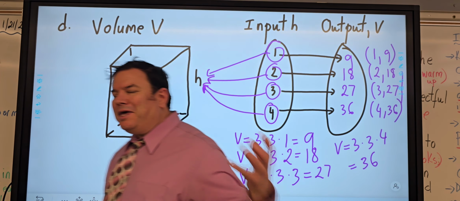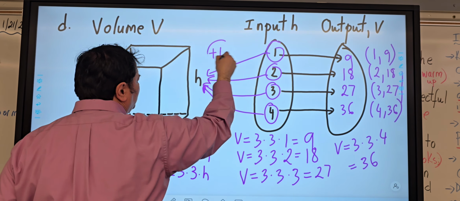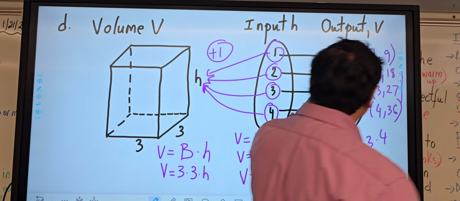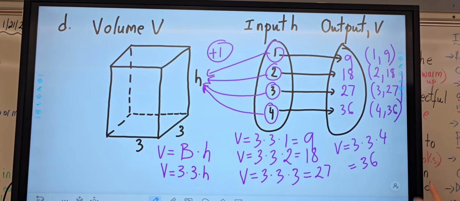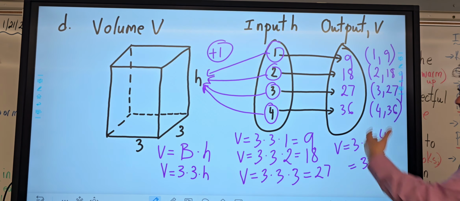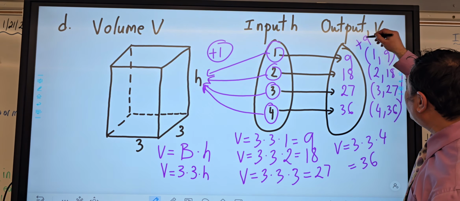So again, the input, we added 1 each time, right? So plus 1 each time. This never changed because we use the same numbers for the input. But here we see that each time from 9 to get to 18, we added 9. From 18 to get to 27, we added 9. And from 27 to get to 36, we added 9. So the pattern here, we added 9 each time.